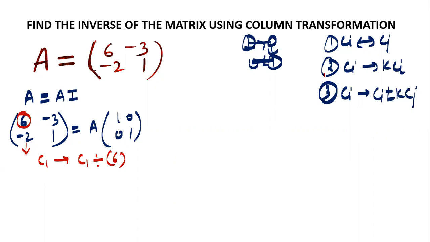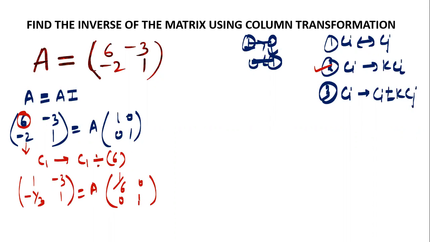This property will be used. Then 6 upon 6, that is 1, minus 2 upon 6, minus 1 upon 3. Second column will remain as it is. Same would be done in RHS. 1 by 6, 0, 0, 1.